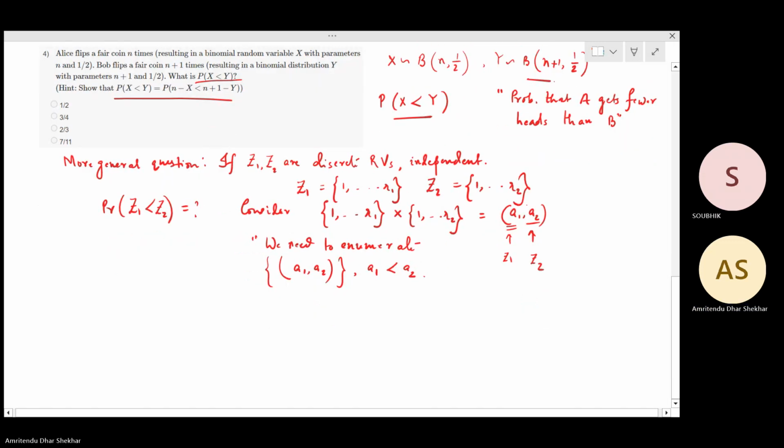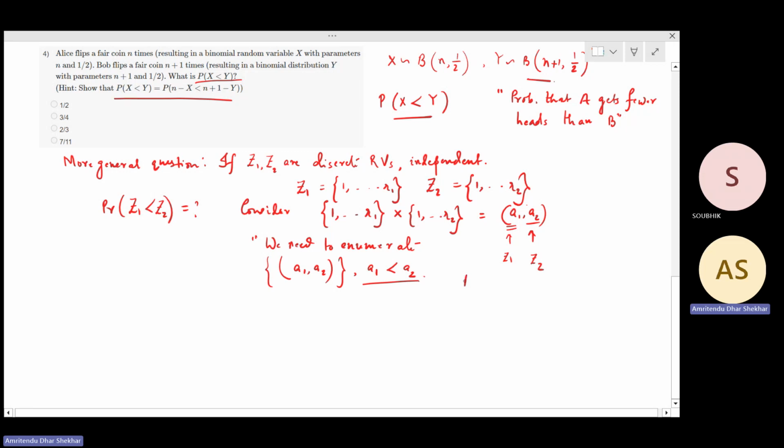But it's not enough to just find the pairs. We also need to compute the probability associated with such an occurrence.